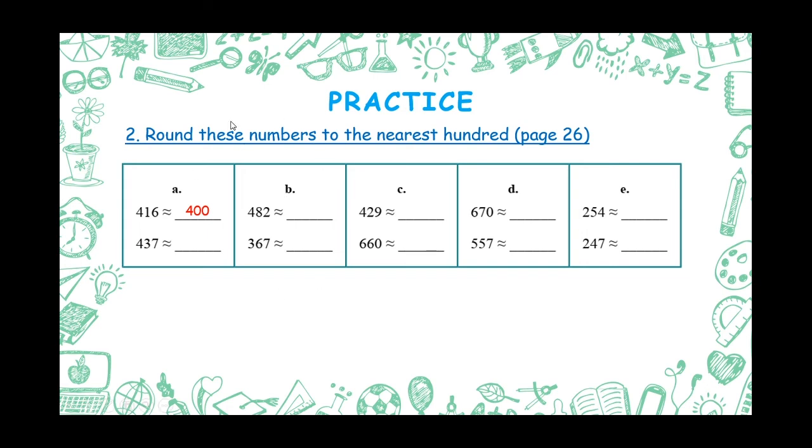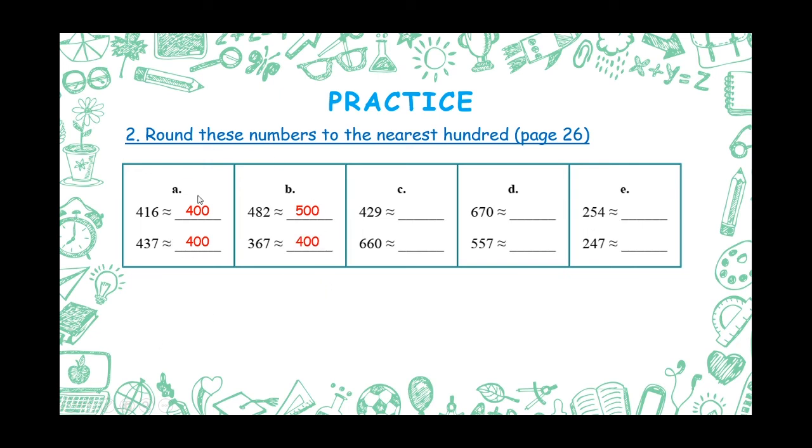Have you finished? Well done. Let's check our answers. Okay, so 437. We have 3 tens, so we round it down. B, 482. 8 tens, so we round it up. 367, we have 6 tens, so we round it up.